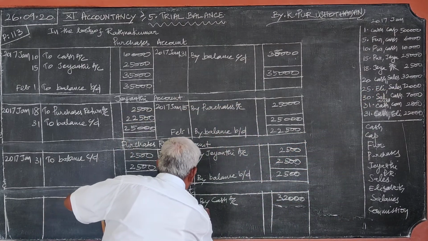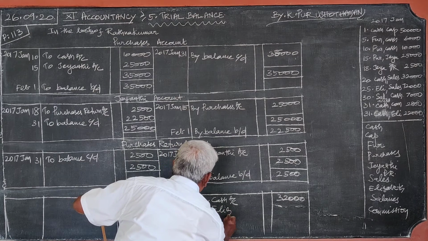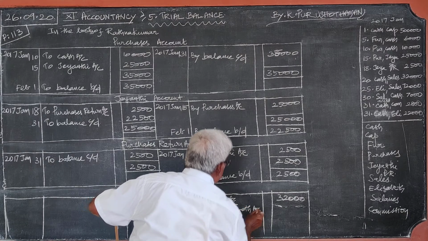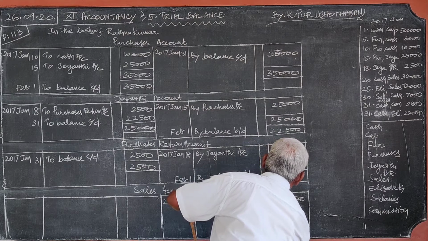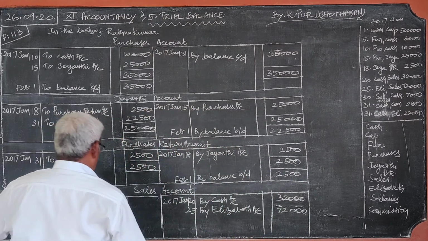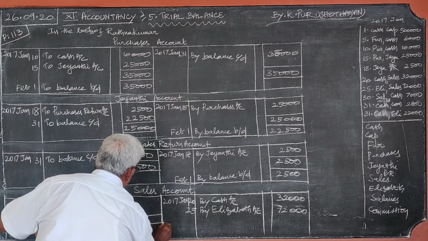Elizabeth, 72,000. Now, no more entry. Close the ledger.